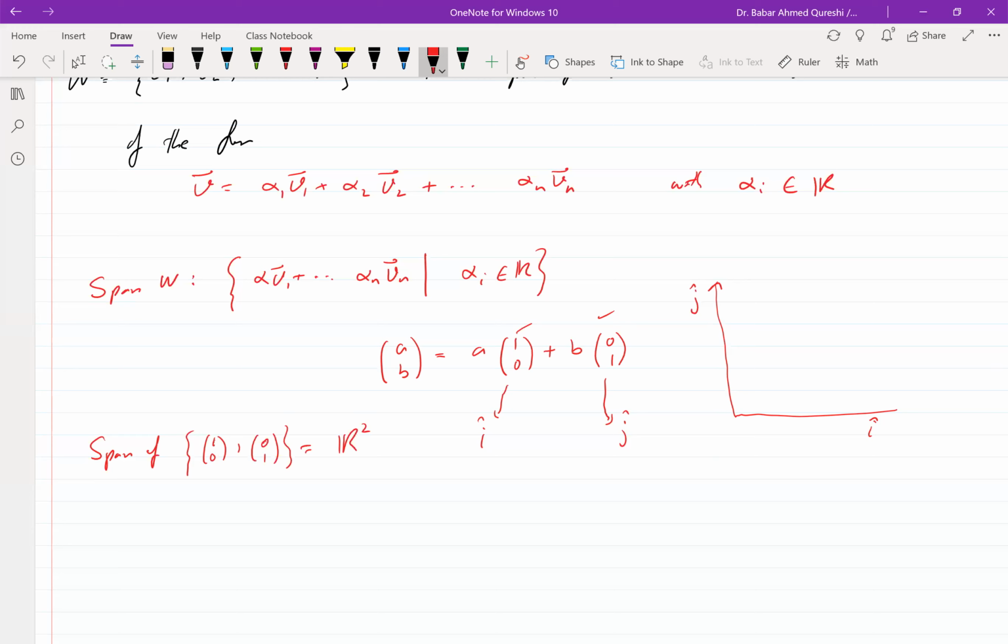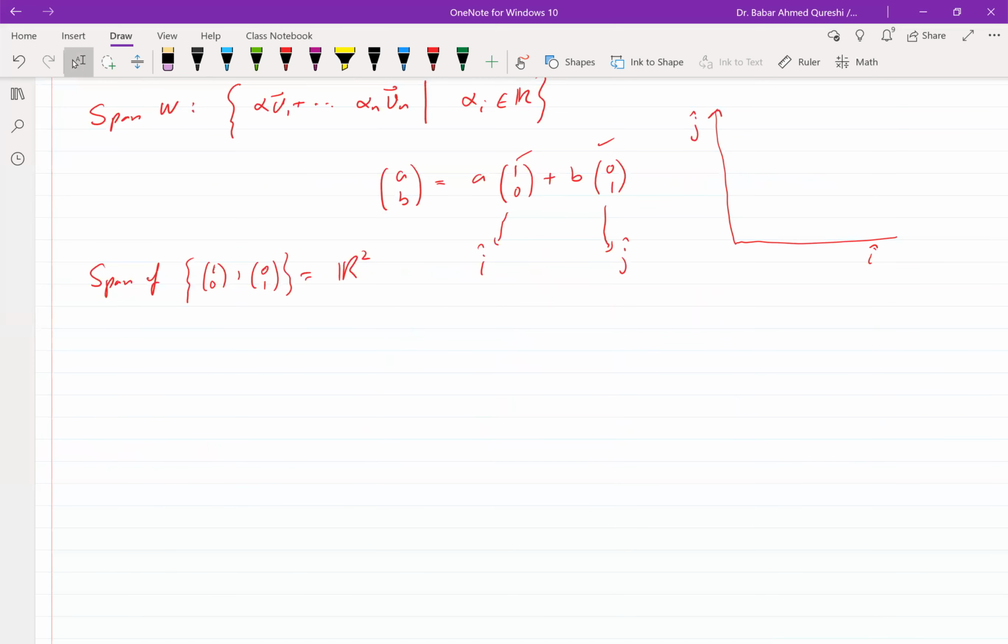Because any column vector with two components, which fills the whole plane, can be written as a linear combination. So the span is the complete R2. What would be the span of these?